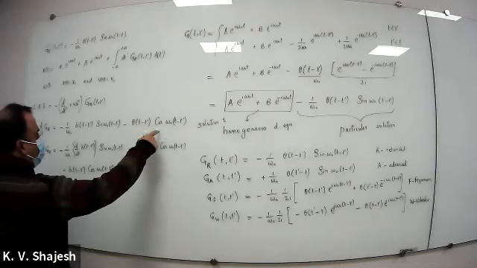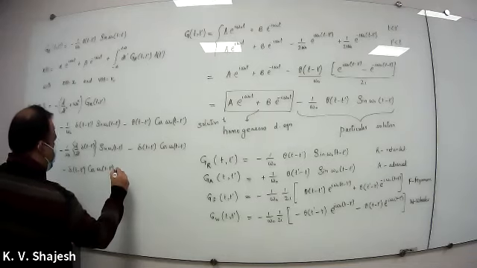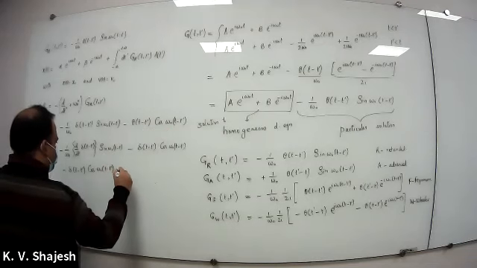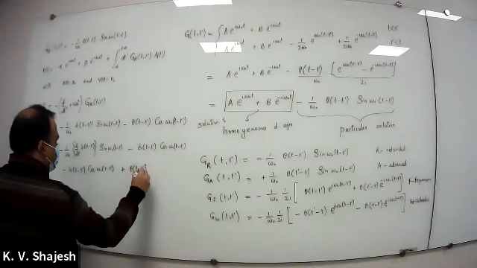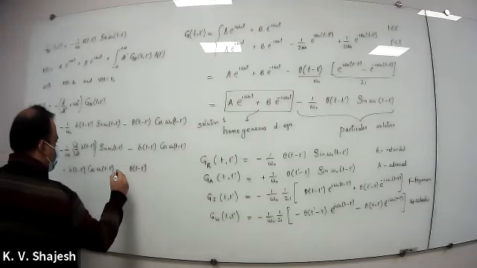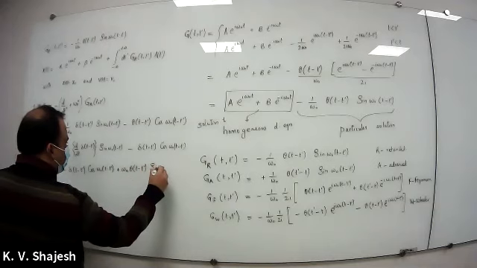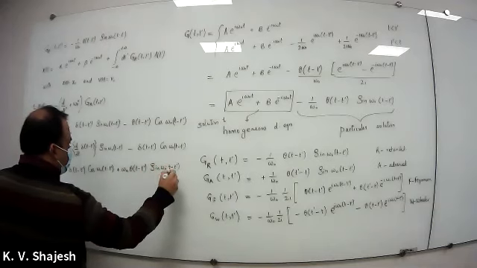And finally, I hit the derivative of cosine, which is minus, that makes it a plus theta t minus t prime. And then an omega naught also survives there. So there is a plus omega naught, and this is sine of omega naught t minus t prime.